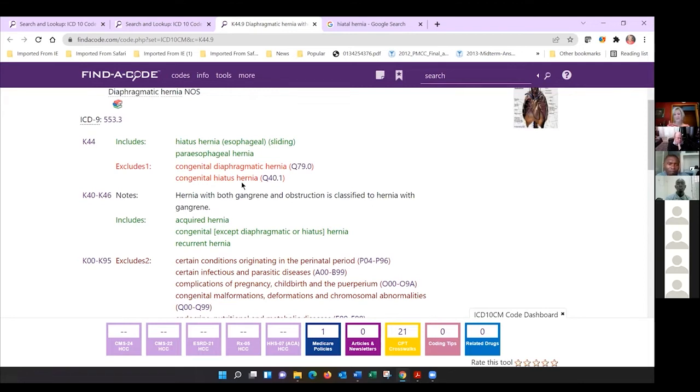Remember that from the congenital section. So it's got to be documented. Knowing what the word congenital means is vital to ruling out or selecting this code. Good point. Do you guys know what congenital means?